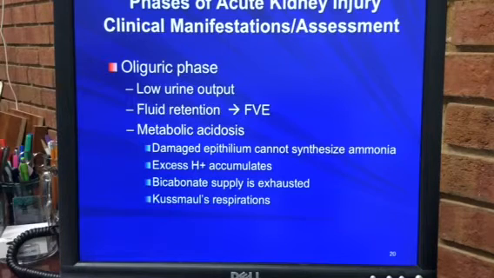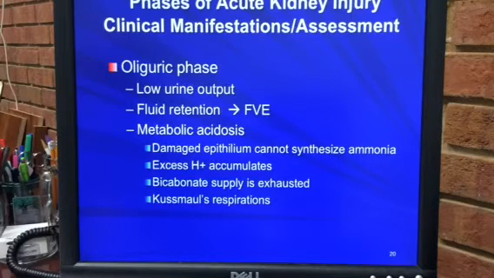So just because someone has oliguria due to dehydration, that is not the same as the oliguric phase of acute kidney injury. When we're talking about the phases of acute kidney injury, we are looking at a situation typically where the kidney proper has been damaged, whether from a pre-renal or a post-renal cause, but those conditions have been allowed to continue and the kidney itself has experienced damage.